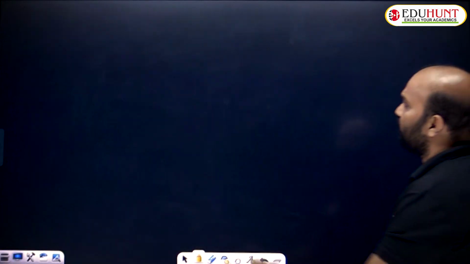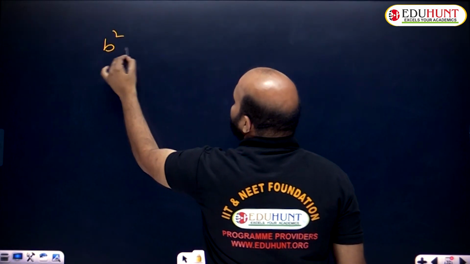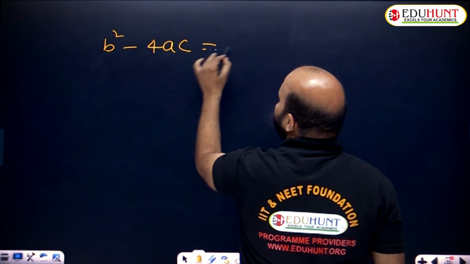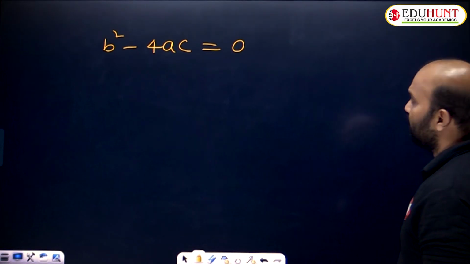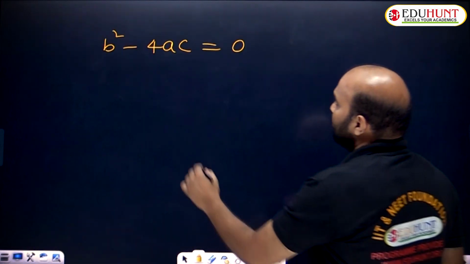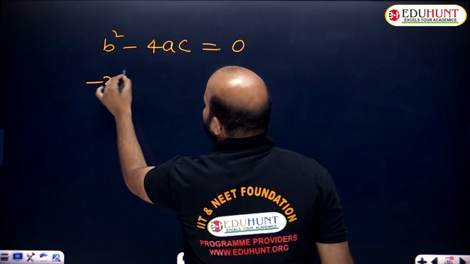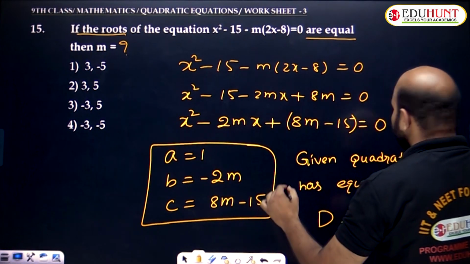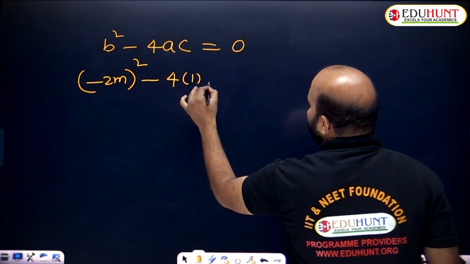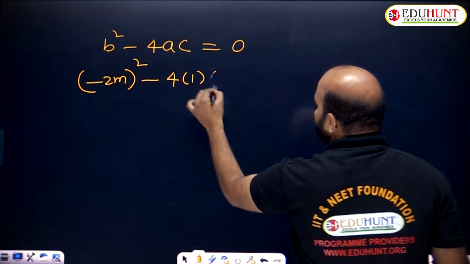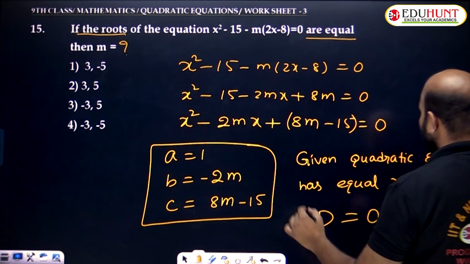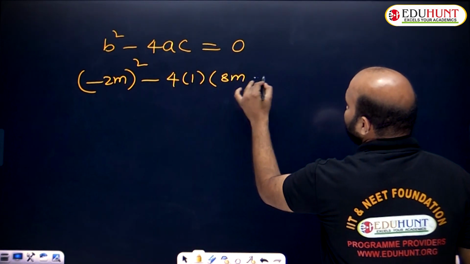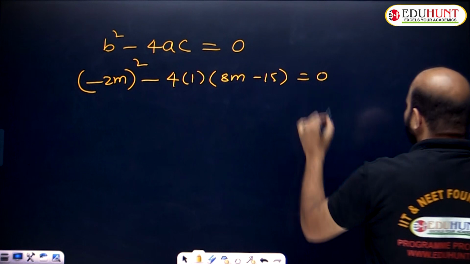So what is the discriminant formula? b square minus 4ac equals 0. Am I clear? So here the b value is minus 2m whole square, minus 4 into, what is the a value? The a value is 1, into the c value. What is the c value? 8m minus 15, equal to 0.